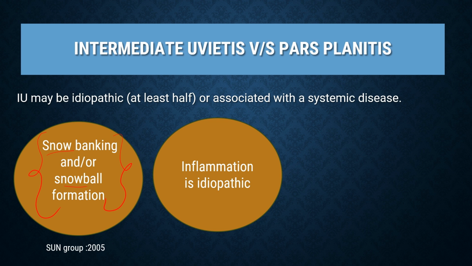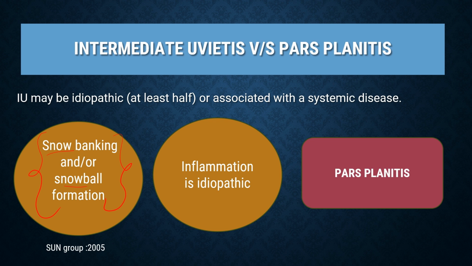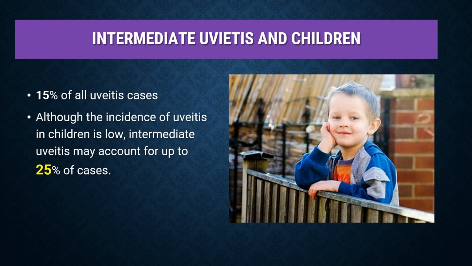So in pars planitis, the inflammation is idiopathic with snowball and snow banking formation, and that is the difference between intermediate uveitis and pars planitis. If you have an idiopathic inflammation, that is referred to as pars planitis, whereas if you have a particular cause of inflammation, like an infection or some systemic disorder, then that is known as intermediate uveitis.